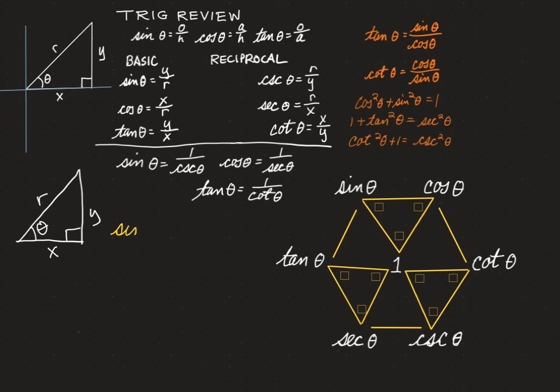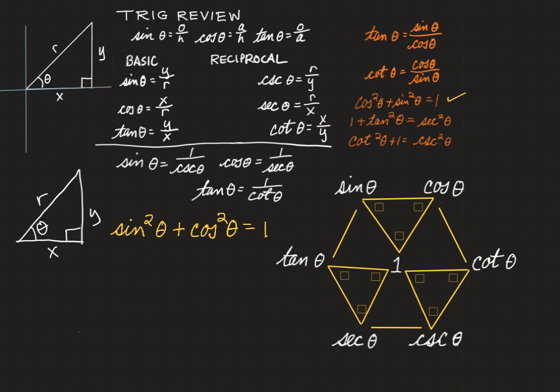So if we were to write sine squared of theta plus the cosine squared of theta, because there's another square right beside that cosine, equals the other point, the other vertex in that triangle is at 1, and 1 squared is 1. Is that one of our identities? Yes, it is.